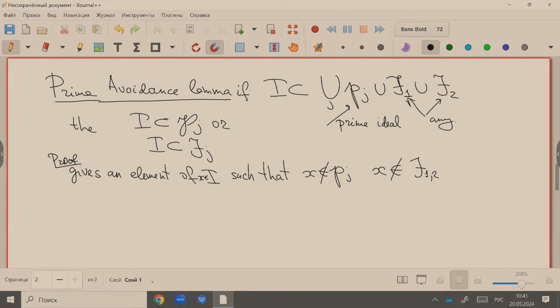This generality is, I would say, time consuming for readers, so I won't use it.